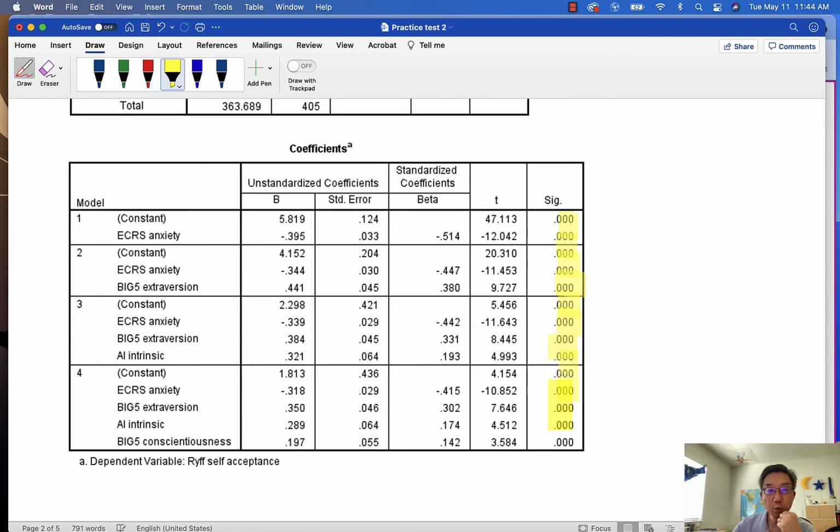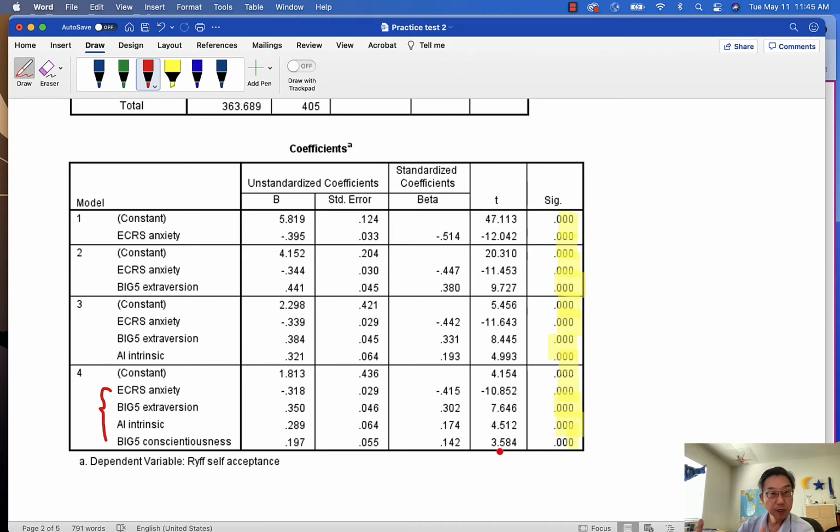Now, model number 4 included 1, 2, 3, and 4 predictors. There are 4 predictors. Now, how many predictors were entered into the regression analysis? Remember, we said 7. So out of those 7 predictors, 4 were selected for, and included in, the multiple regression model.